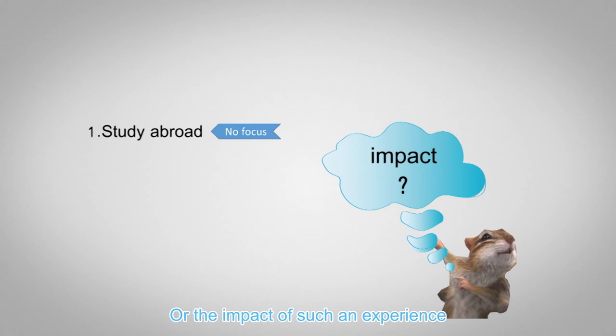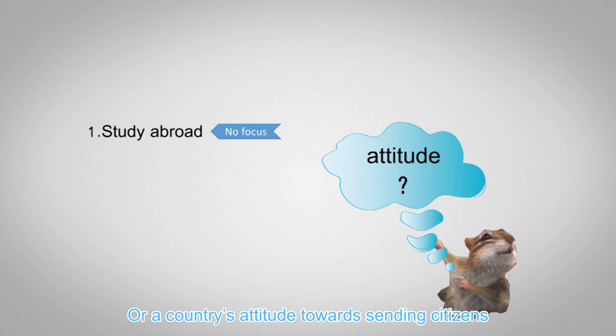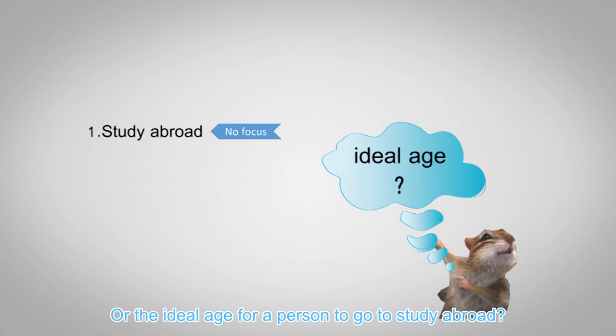Or the impact of such an experience on an individual? Or the factors that influence one's decision on whether to study abroad or not? Or a country's attitude towards sending citizens to study abroad? Or the ideal age for a person to go to study abroad?